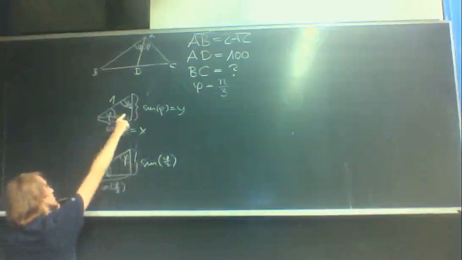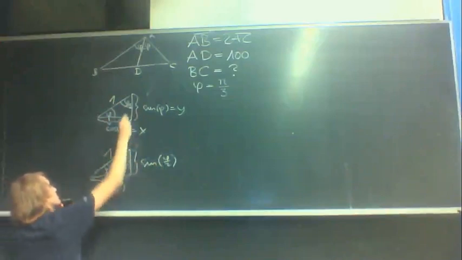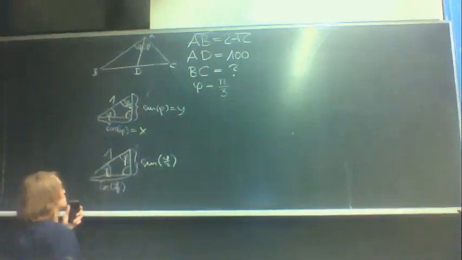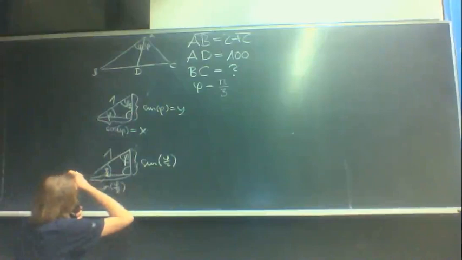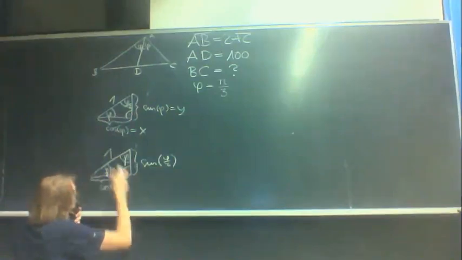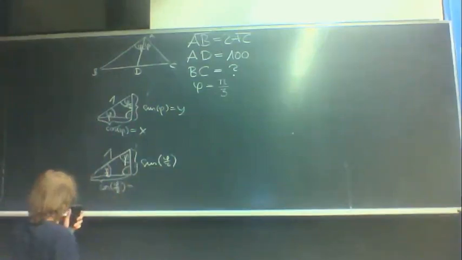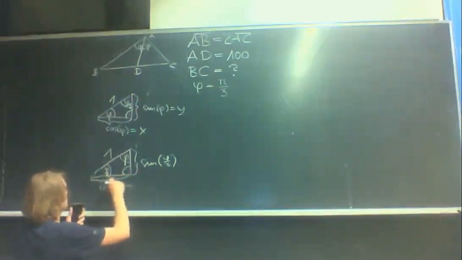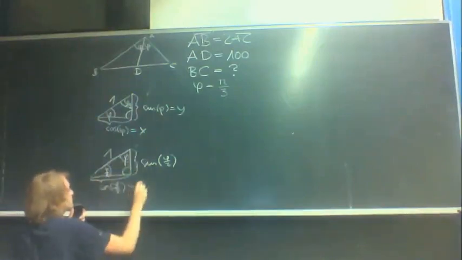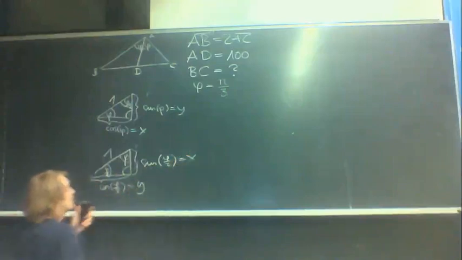But since those triangles are almost identical, just flipped over, we know that this length has to be y and this has to be x.